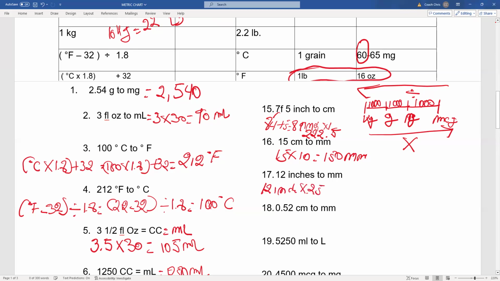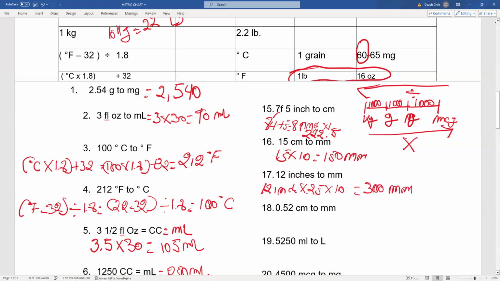All right, now the answer that you're gonna get, you have to multiply that by 10 to make that to millimeter. So you got 12 times 2.5, you got 30, times 10, you have 300 millimeter.